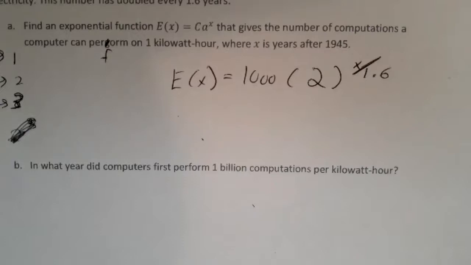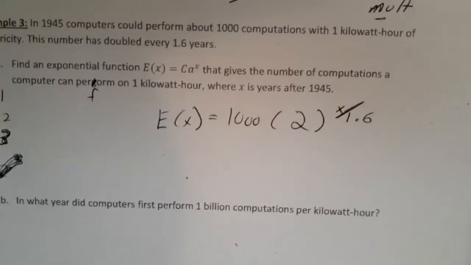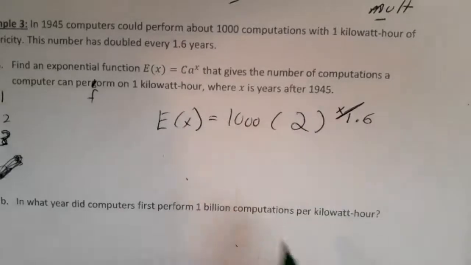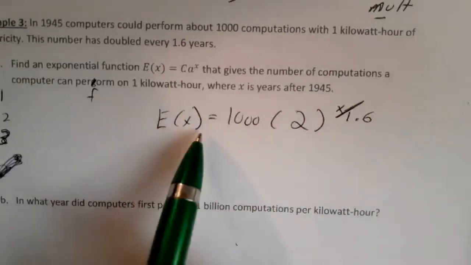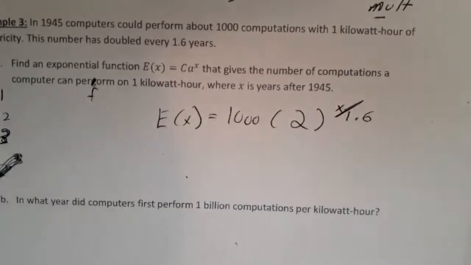And the next one they ask, in what year did computers first perform 1 billion computations per kilowatt hour? Okay. And so this 1 billion, I'll give you a hint, it's not this x value. It's got to be this e value that we're talking about over here.